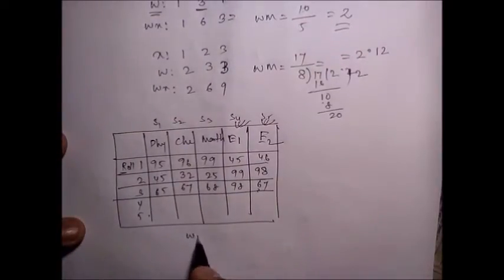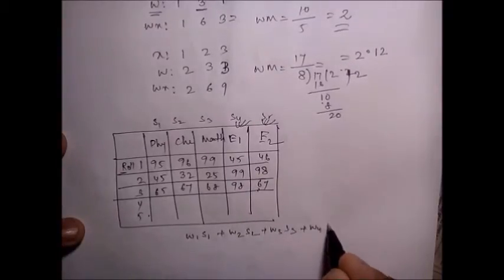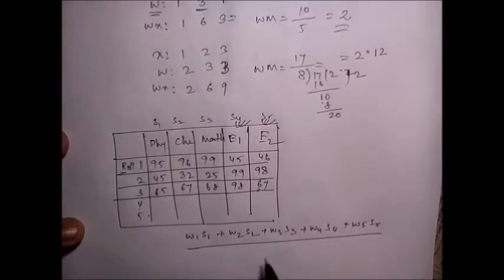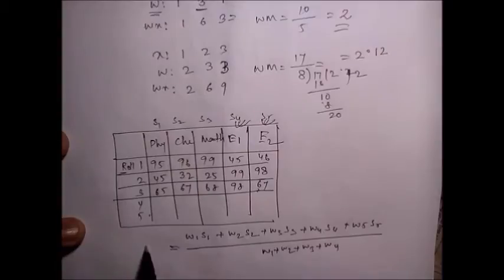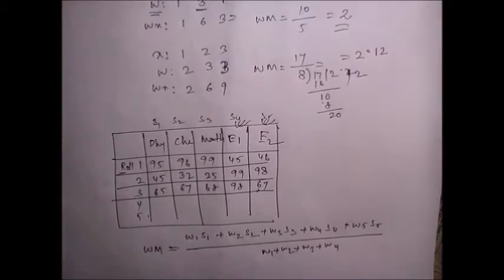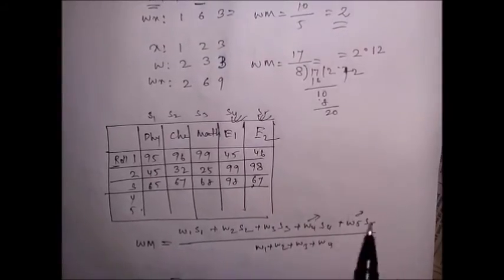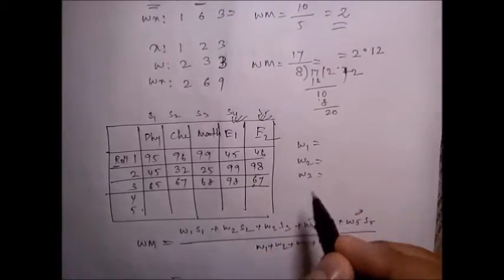Then we can say W1 S1 plus W2 S2 plus W3 S3 plus W4 S4 plus W5 S5, divided by W1 plus W2 plus W3 plus W4 plus W5. That is nothing but the weighted mean. Now if we want to send students to China to teach English, we give more weight to W4 and W5.